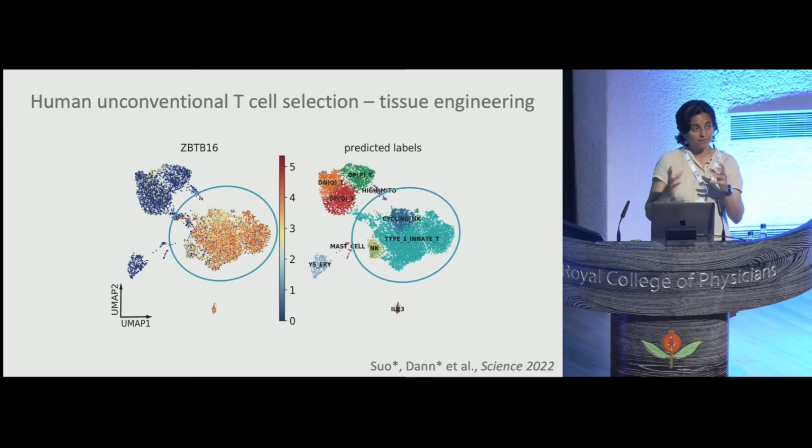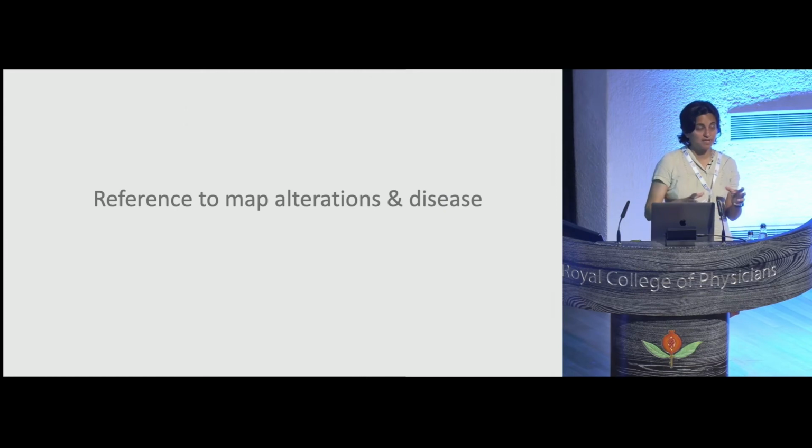So those are the kind of incredible insights that you can get from just studying this by profiling individual cells to very high resolution. But you can also now use this healthy reference to map alterations in disease. And some diseases, particularly affecting infants and children, develop during susceptible windows in prenatal life.